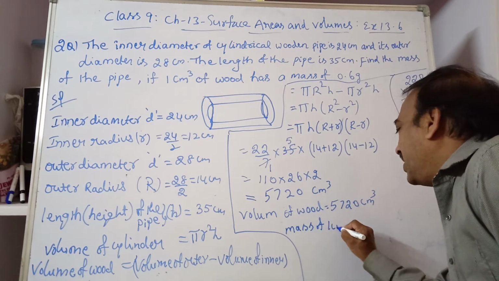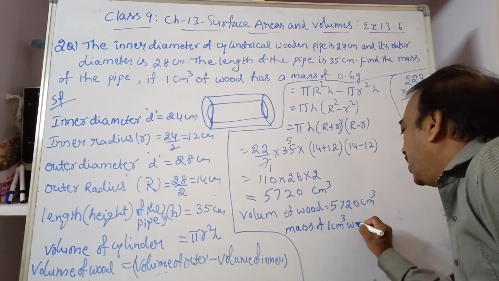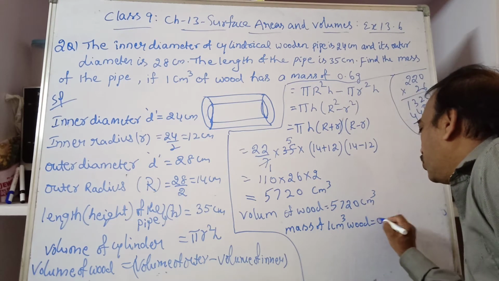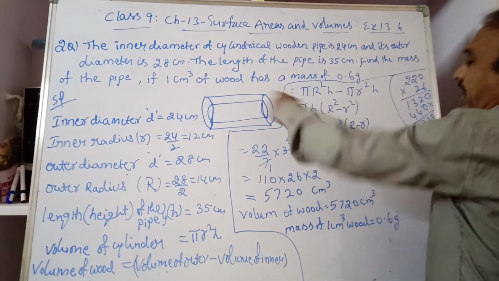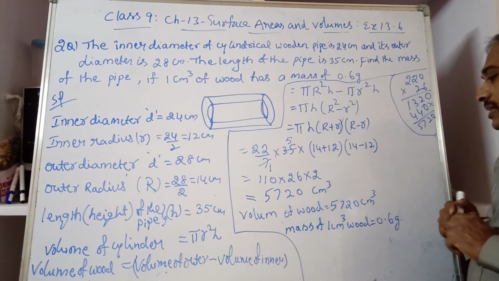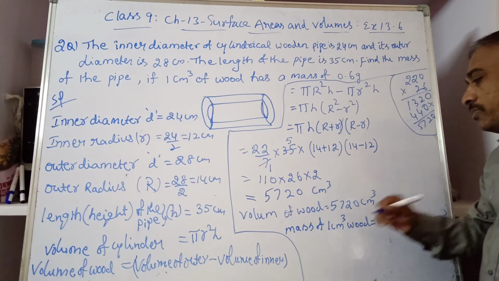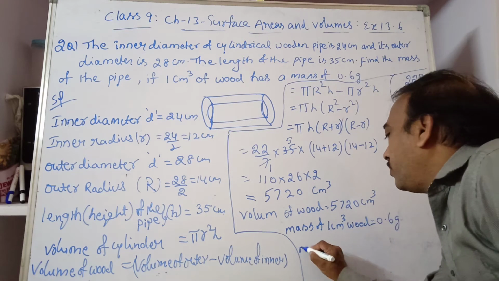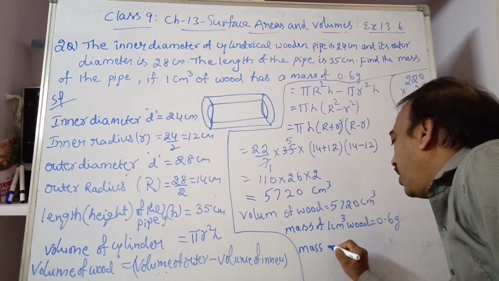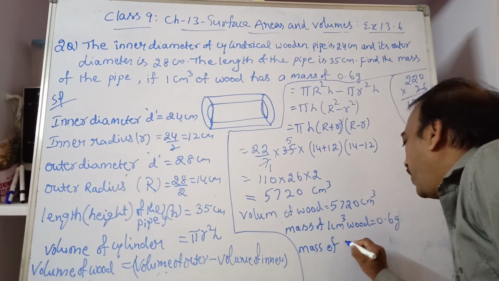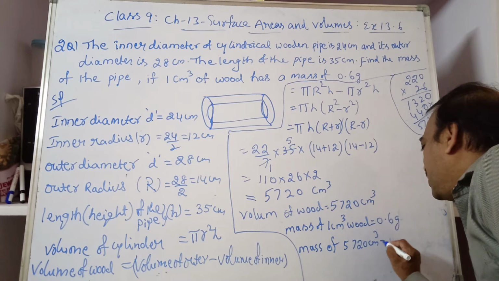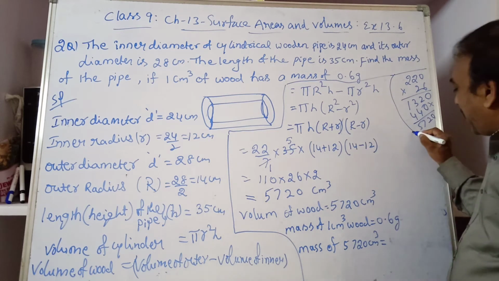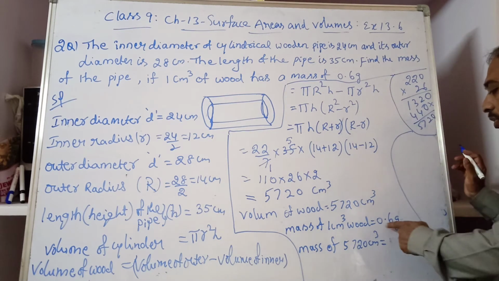We have to find the mass of this many centimeter cube of volume. So the mass of 5720 centimeter cube is obtained by multiplying with 0.6.